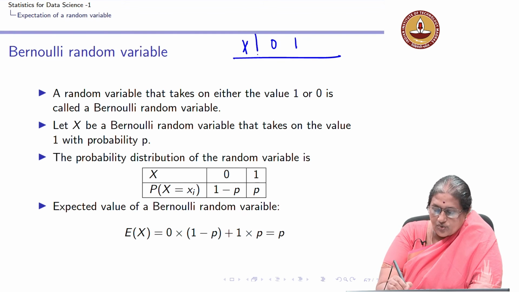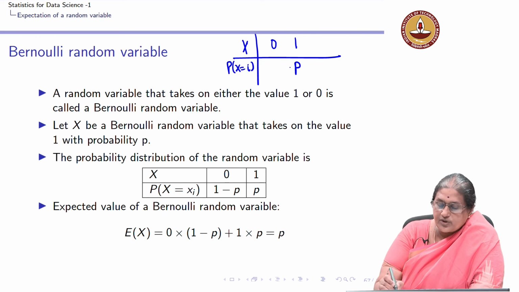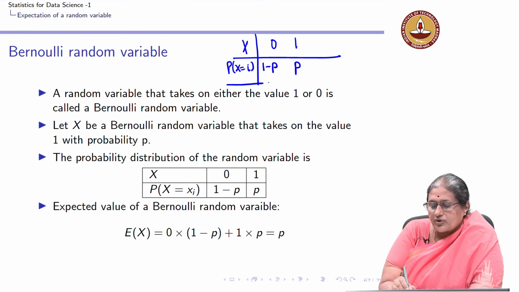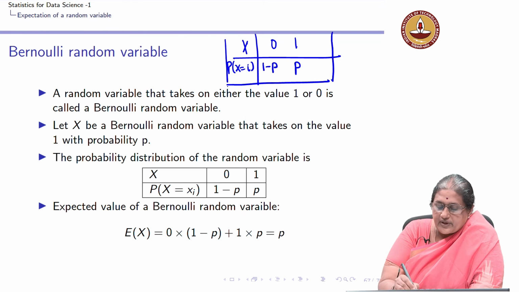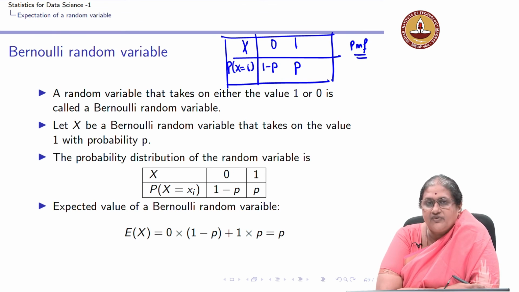It takes the value 1 with probability p. Since this should add up to 1, it should take the value 0 with probability 1 minus p. So, this is the probability mass function of a Bernoulli random variable which takes two values 0 and 1.